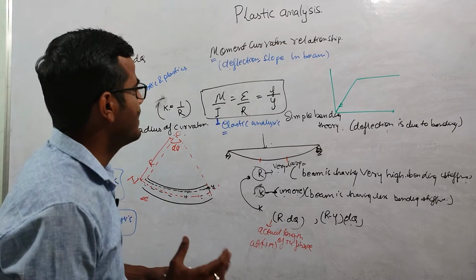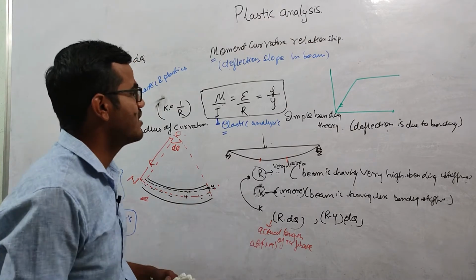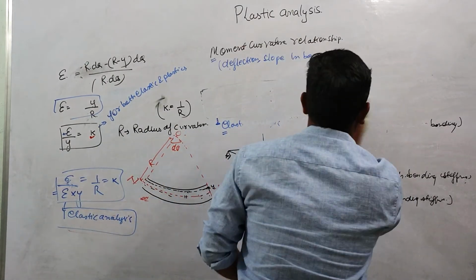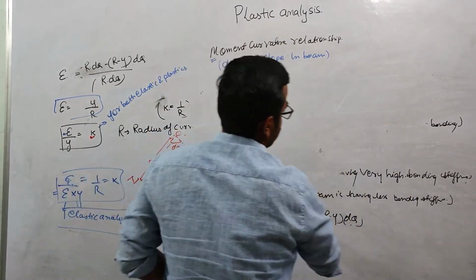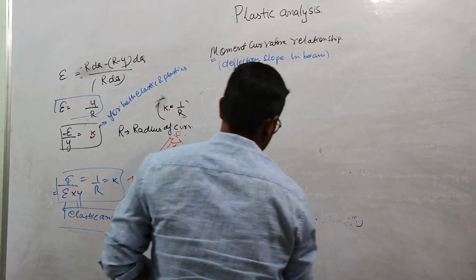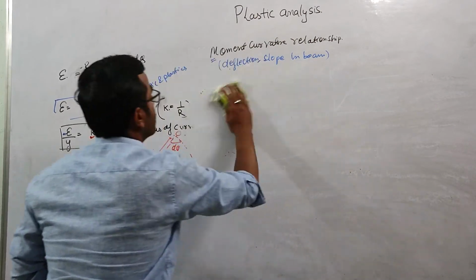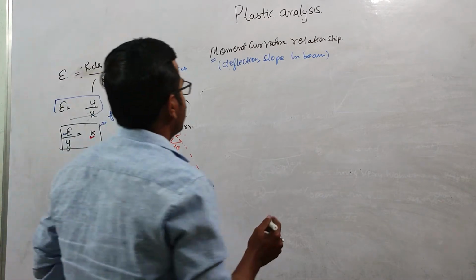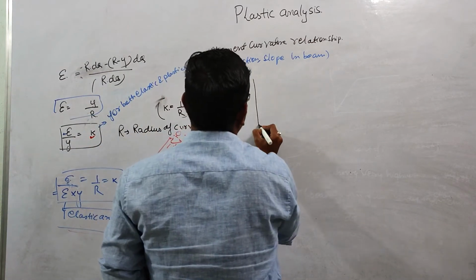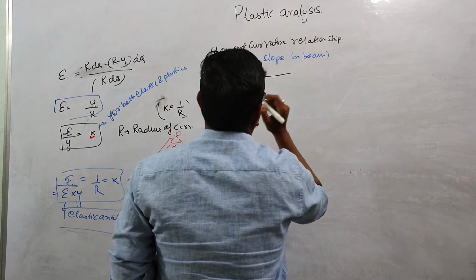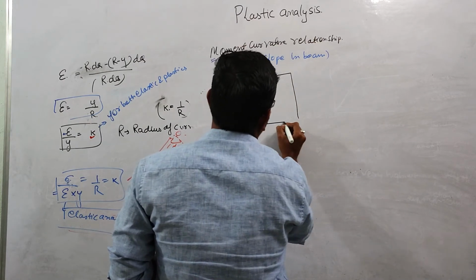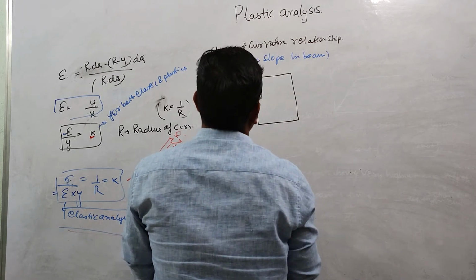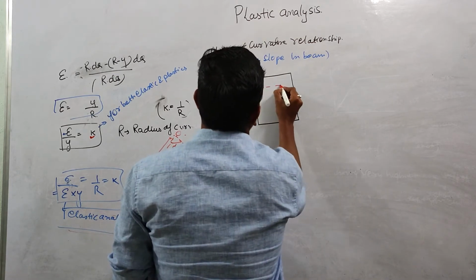So let us derive the relation between the moment and curvature when the beam is in the elastic plastic state. Let us suppose this is the cross section, and up to this portion is yielded.